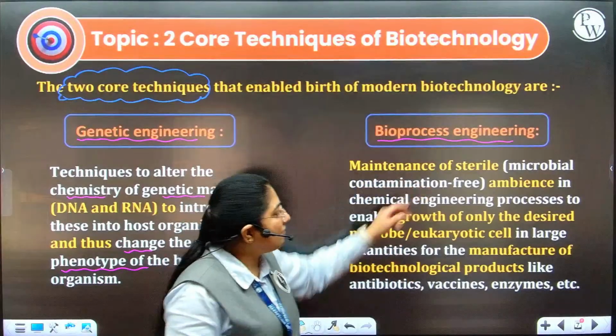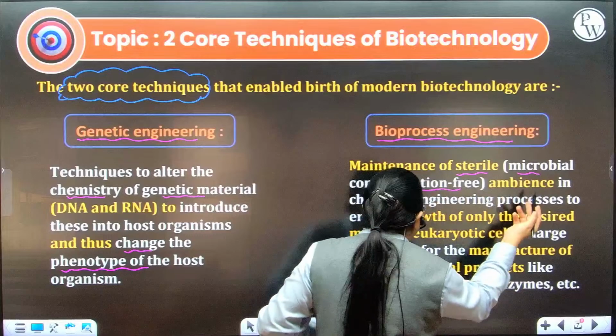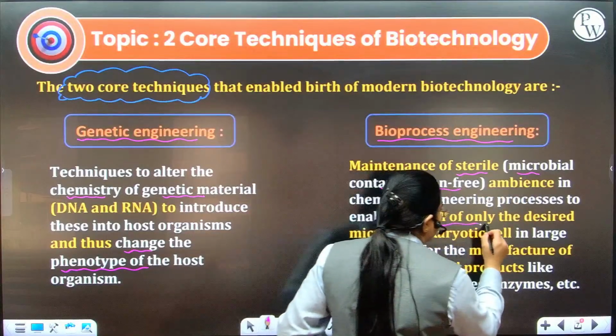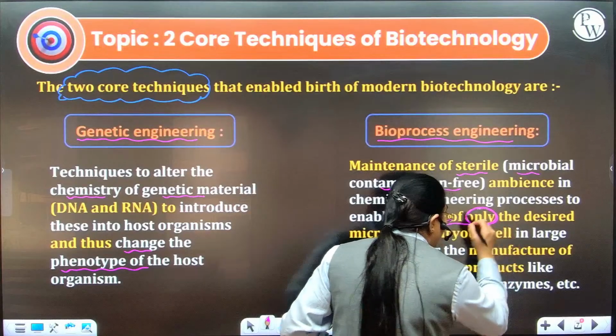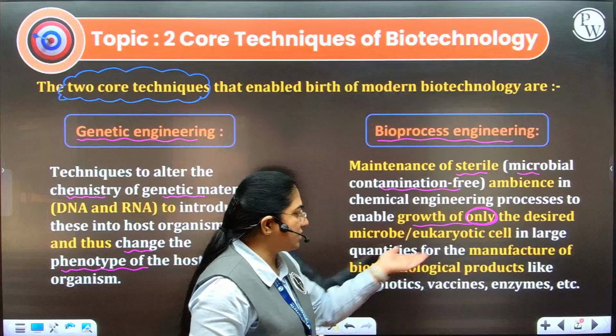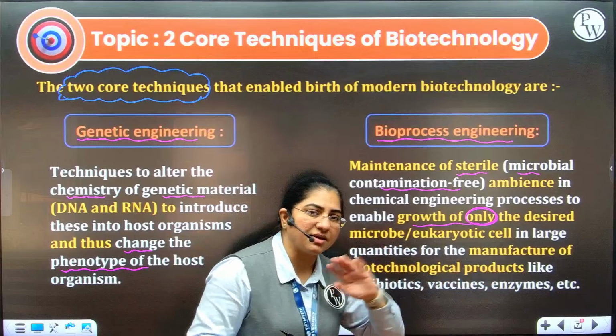So we need to have a sterile, meaning a microbial contamination free ambience in the chemical engineering process that enables the growth of only, please remember this, the desired microbe or eukaryotic cell in large quantities for manufacturing of biotechnological products like antibiotics, vaccines, enzymes, etc.